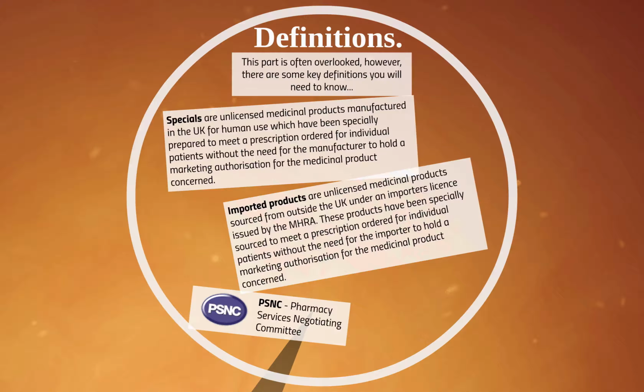Really good resources, the PSNC, can never say that properly, the Pharmacy Services Negotiating Commission as well, and they're the people who debate with the NHS how much pharmacy contractors should get paid for items and prescription charge and so forth. And this is the people that they deal with. They're called the PPA, so the Prescription Pricing Authority.